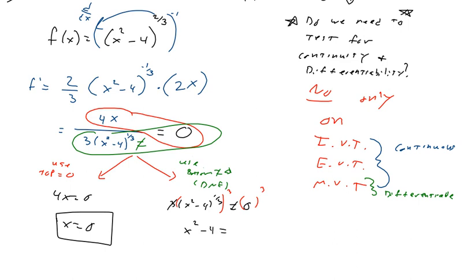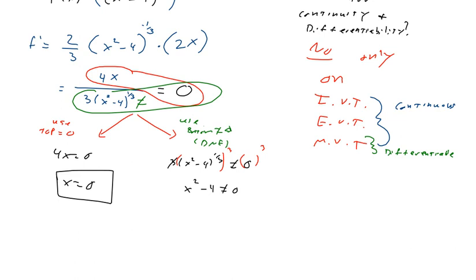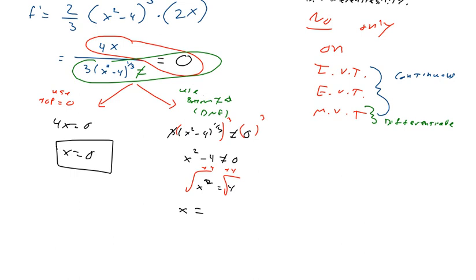Add 4 to both sides, x squared equals 4. Square root. And what are my answers? What's the square root of 4, everybody? Should be 2, right? But is that the only answer? Remember, I did my square root.